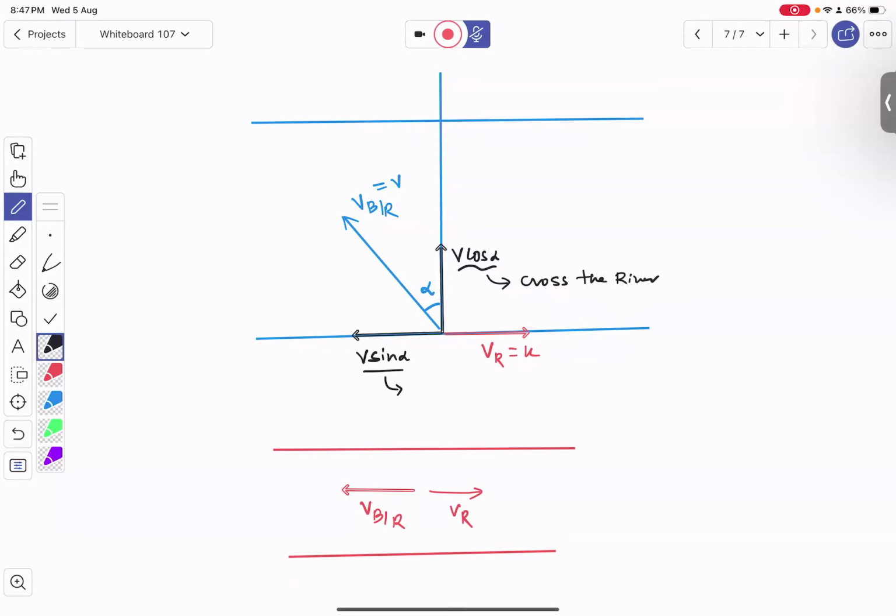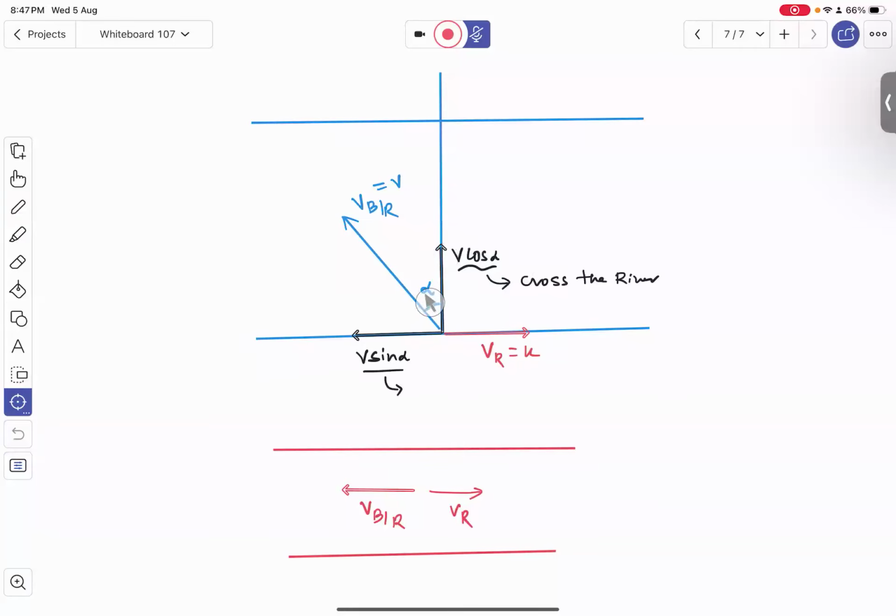So if I want to cross the river in minimum time, I must make this thing maximum. You can think like this: we are putting our effort in this direction. A part of the effort is utilized in fighting the river drift along the plus x direction, and a part of the effort is used to cross the river. So when I want to minimize the time to cross the river, all the effort should be kept in crossing the river.